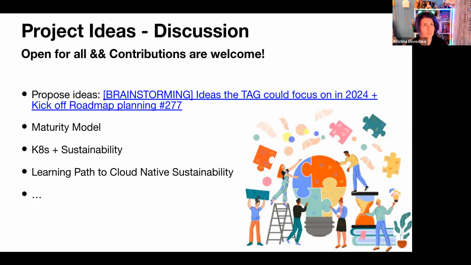Some of the projects that are currently stale, but that we have had ideas around for some time now, include working on the maturity model for cloud native sustainability, creating a document or guidance on how you could run Kubernetes sustainably, and creating a learning path for cloud native sustainability that could be useful for newcomers to learn more about the topic and make it a smoother experience to navigate that landscape.